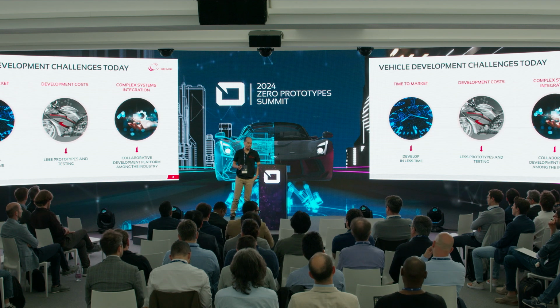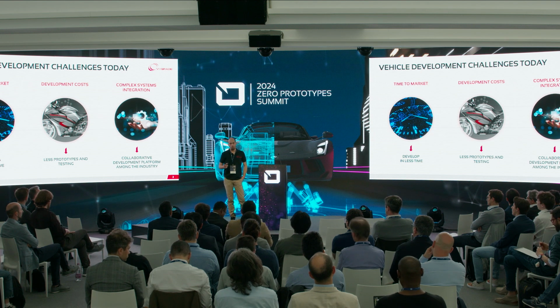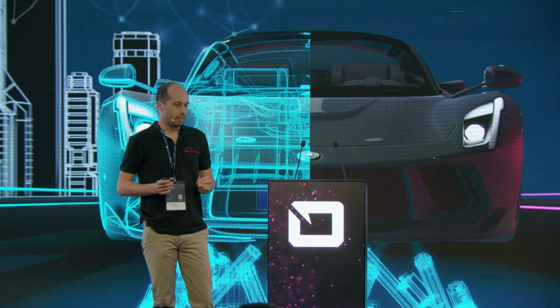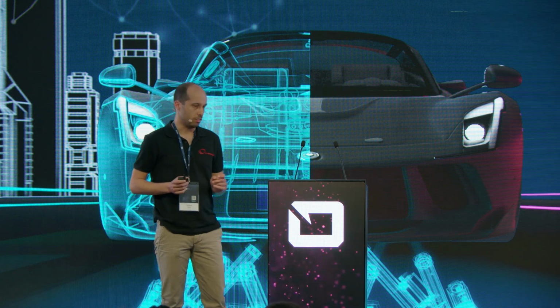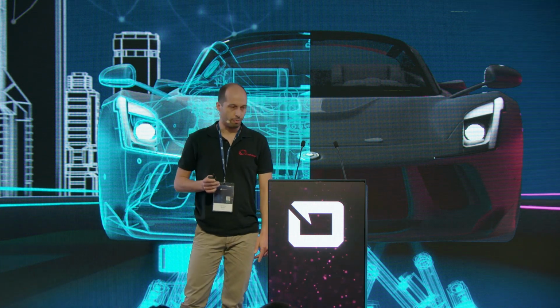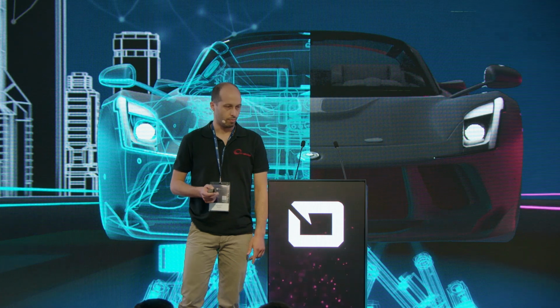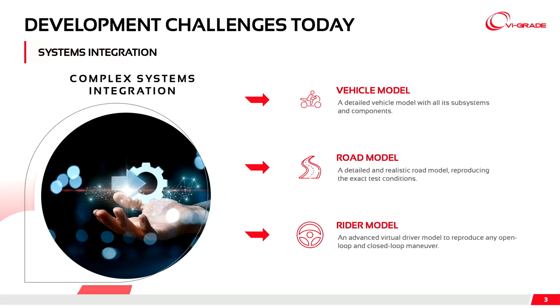It turns out that having a virtual environment to model the motorcycle and test it is necessary. To create a virtual environment, it is fundamental to have at least a vehicle model to model the bike that you want to simulate, or additional advanced components or control systems.